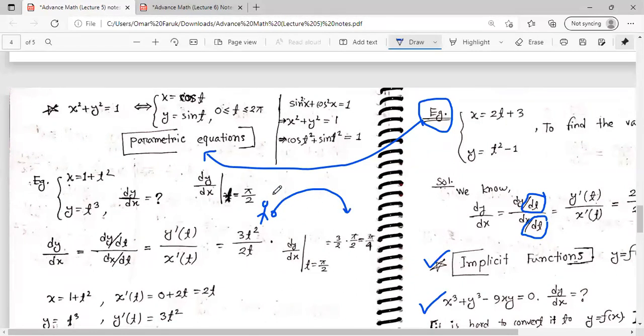In our intermediate science we already know that this ball has two directions, vx and vy, that is velocity in the x-axis and velocity in the y-axis, and these two velocities depend on time, like vy by t and vx by t.